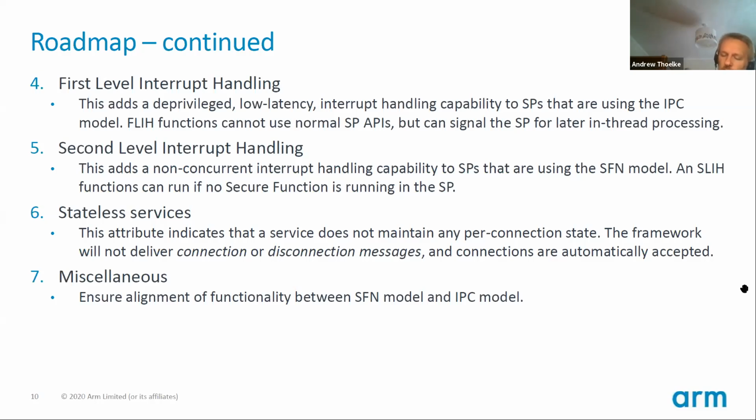What it really wants to do is wait for an interrupt from that hardware to say that it's finished. So it's looking at how we improve the interaction between interrupt handlers and the secure function model code.